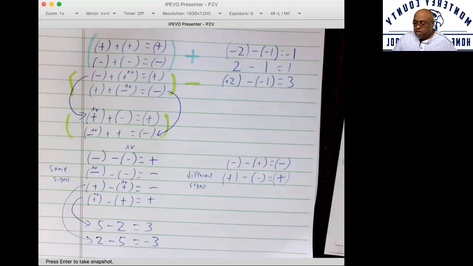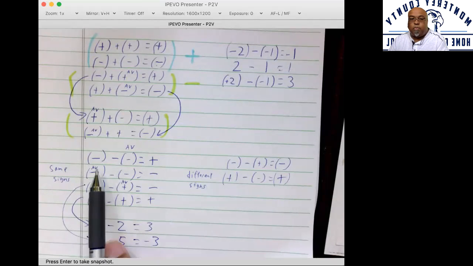I started at 2 feet above the ground. Let's say you're standing on a rock. You fell down 5 feet, maybe you fell off the rock and into a hole, and you are now 3 feet below the ground. I don't know that that's necessarily something you do, but just for example.